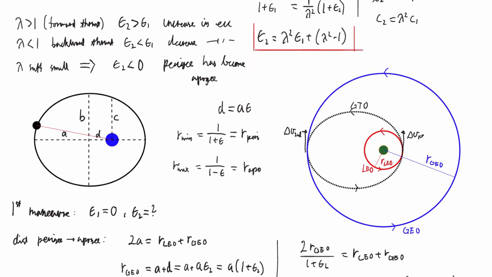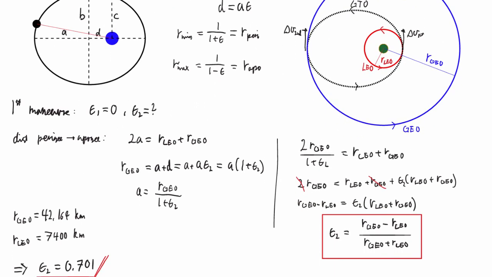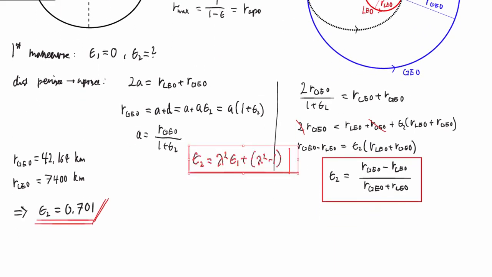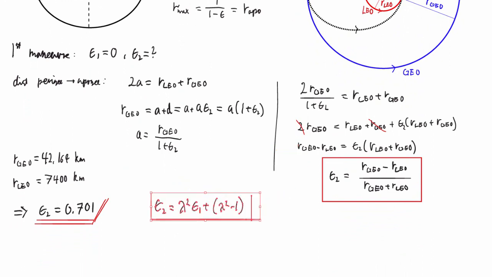All right, so now let's remind ourselves of some things. We have this expression over there. This is true. And in our first maneuver, we're starting with epsilon 1 equals 0. And epsilon 2, we don't know what it is. Well, actually, we do know what it is now. It's 0.701. So now we can actually figure out what lambda is.